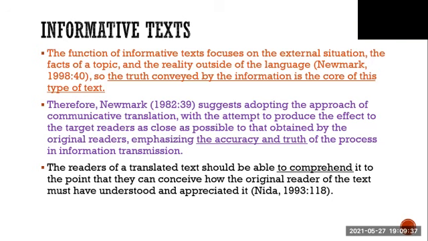So it should make the reader of the target language understand how the original reader must have understood this text or must have responded to this text. So informative texts, النصوص الإخبارية, you need just to transfer the information as accurately as possible, okay? And you can do that in a communicative way.